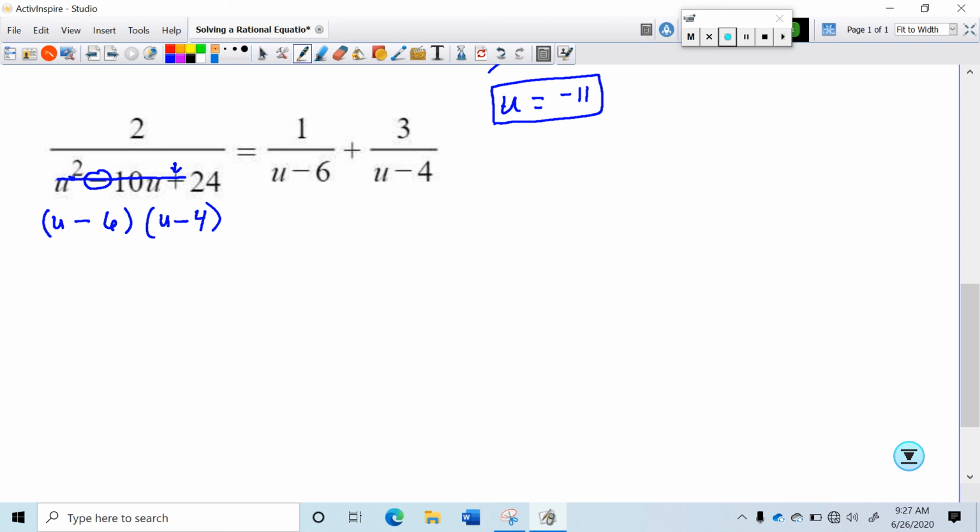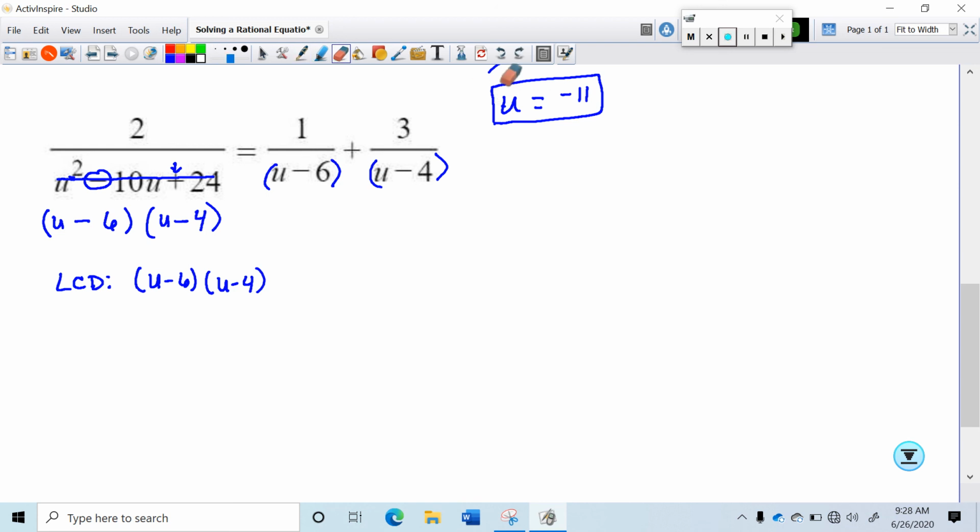Okay, so that's factored. Then I have a u minus 6 and a u minus 4. So my LCD is one of each of those. I have a family of u minus 6 and a family of u minus 4. And that's all I need for my LCD because the other ones are already listed.